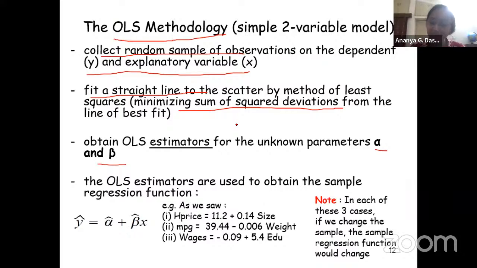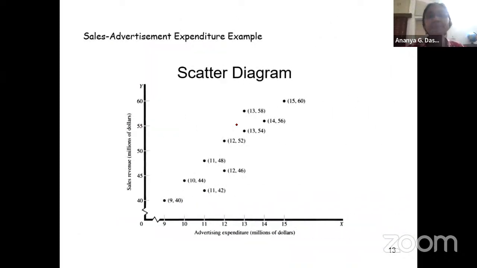Okay, so let's look at the method of least squares in a little more detail. So here I have a scatter diagram. Now this is a slightly different example where I'm saying that the sales of a firm depends on their advertisement expenditure. So I have advertisement expenditure on the x-axis and sales, which depends on advertisement expenditure, on the y-axis.